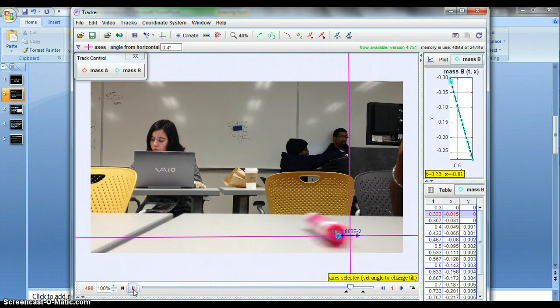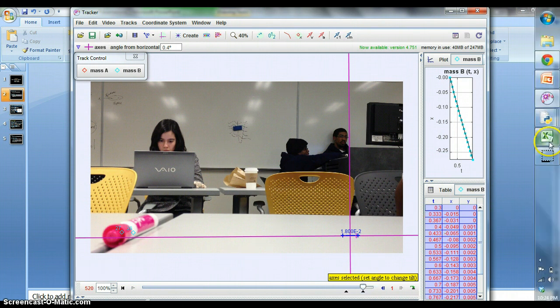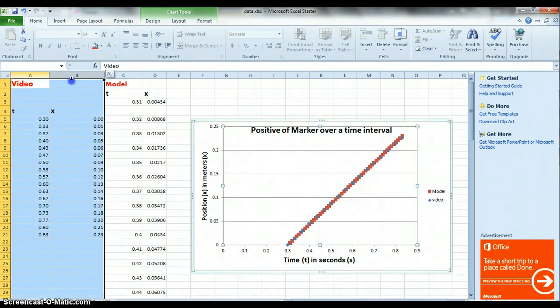And as I play the video, these little blue circles and diamonds represent the marker's position at certain times before it hits this little crack and stops. From doing this video, I was able to get these data points I just highlighted right here in the bottom right hand screen, and I put them into Microsoft Excel, where I pasted them right here.